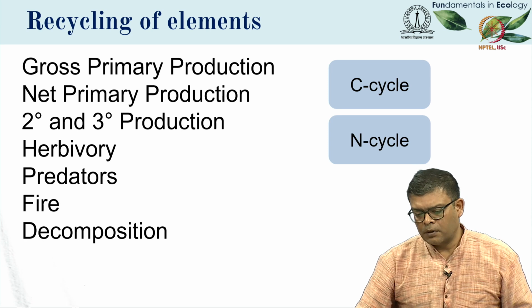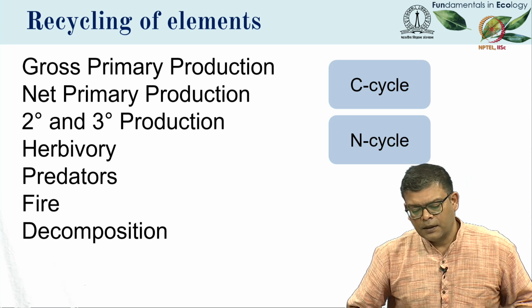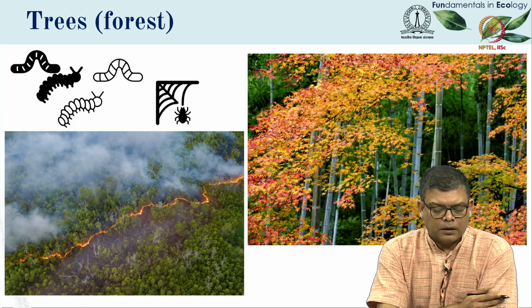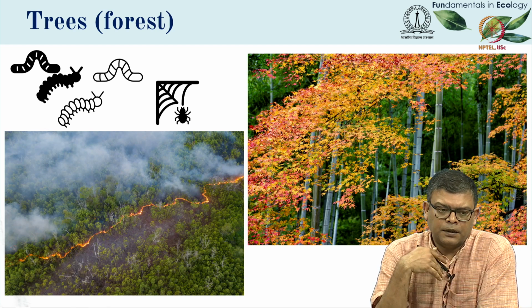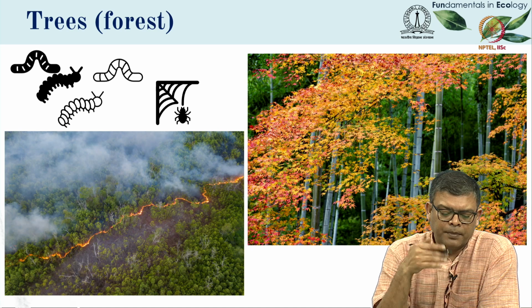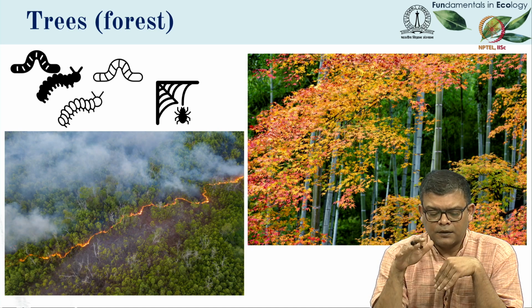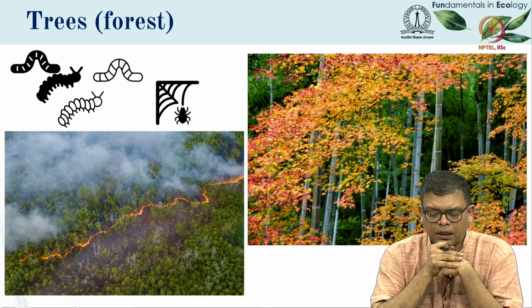So two important aspects of this cycle are the cycle concerning carbon and the one concerning nitrogen. Now suppose an atom is taken from the air and converted into biomass by plants that become trees. These are trees, very large in size, growing near the equator or maybe in the temperate belt.